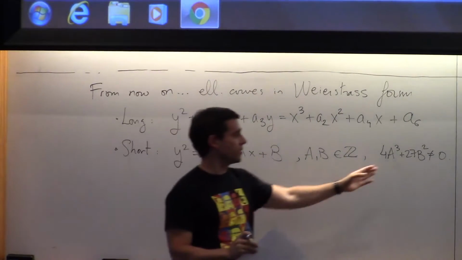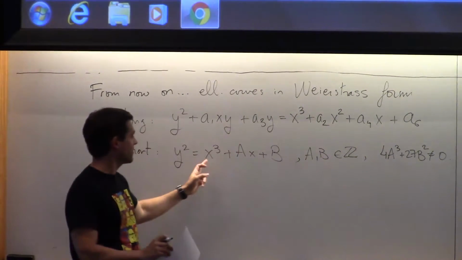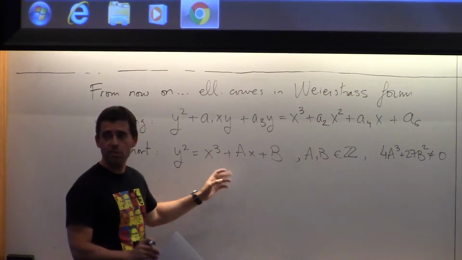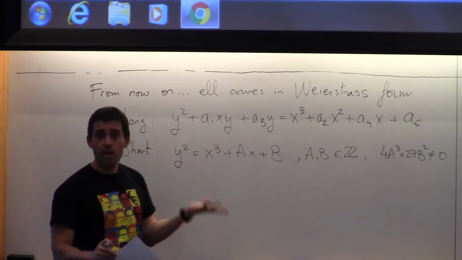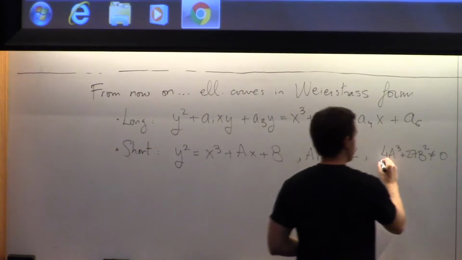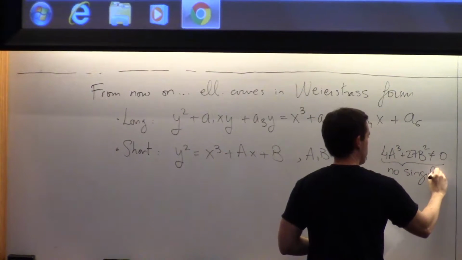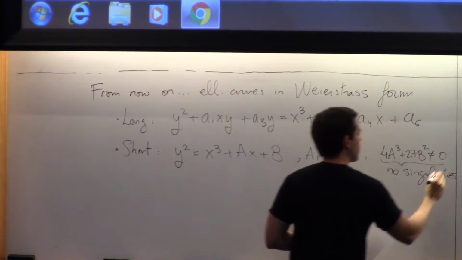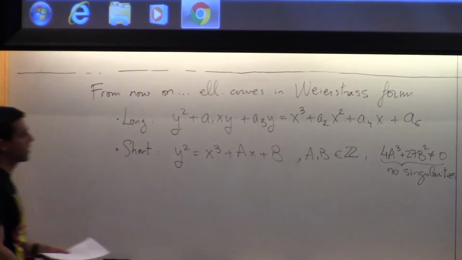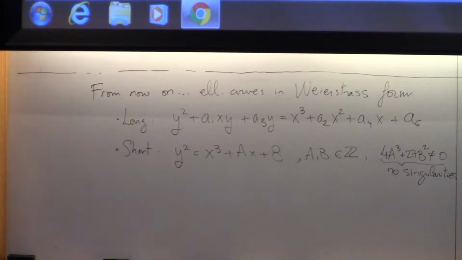As long as that doesn't happen, this polynomial does not have repeated roots, and then there are no singularities, and you have an elliptic curve. Okay? That quantity, usually with a constant of -16 times it, is called the discriminant of the elliptic curve.